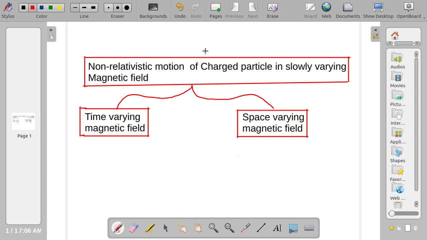So, what is the meaning of slowly varying magnetic field? That's a very important point. The slowly varying magnetic field means we consider a magnetic field which is slowly varying and remains constant over the Larmor period.